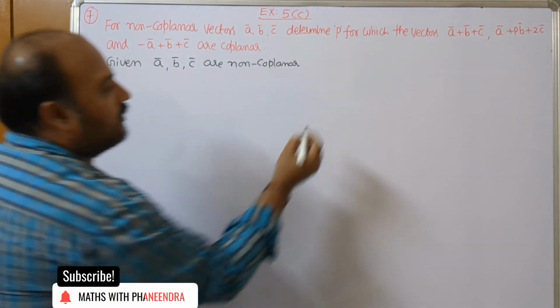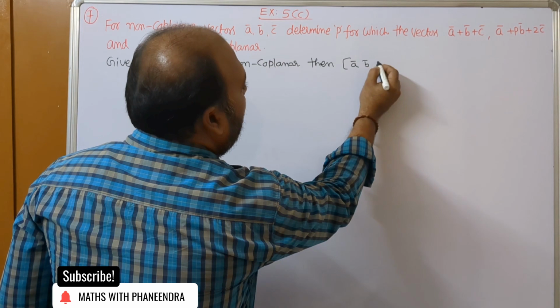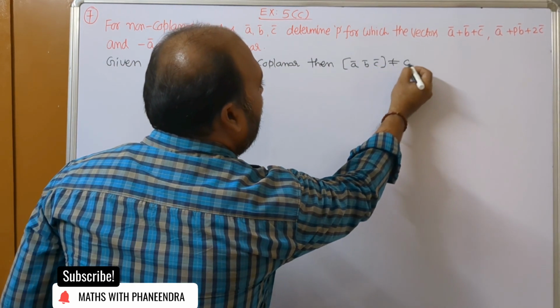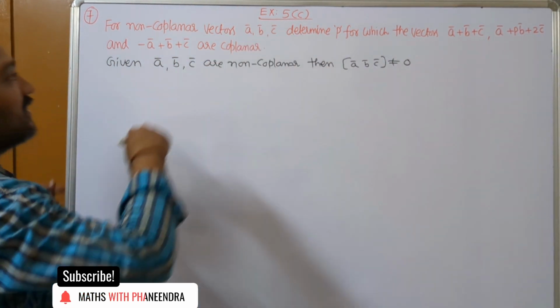So it means box of a bar, b bar, c bar is not equal to 0. Non-coplanar vectors, but the given vectors are coplanar.